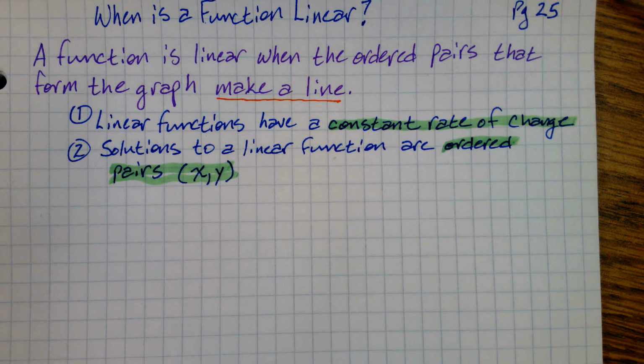And that's really what we're going to just start with. We're going to get a set of ordered pairs. And they're all going to be functions, but the question is, is it a linear function? In other words, if we were to plot those points, do they fall in line, do they form a line, or do they not? If they form a line, then that's a linear function. If they don't, then they're not.